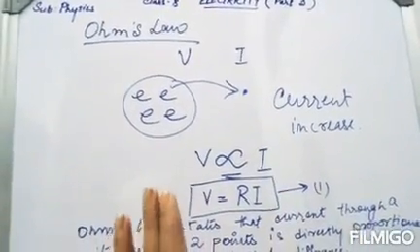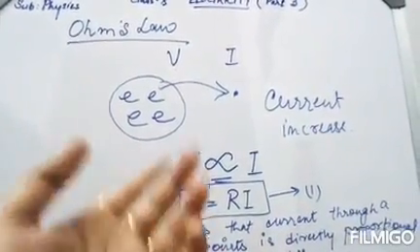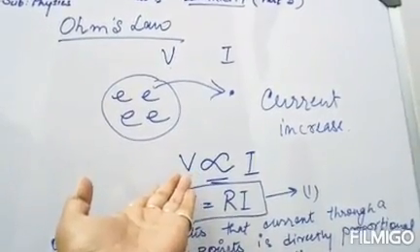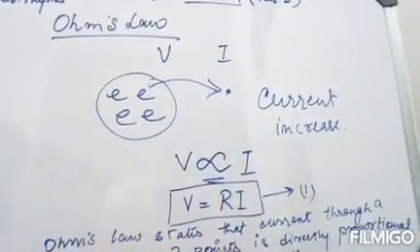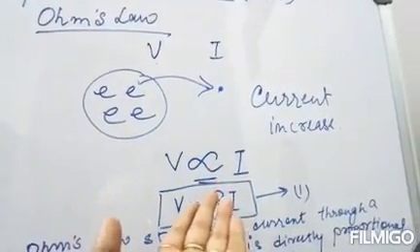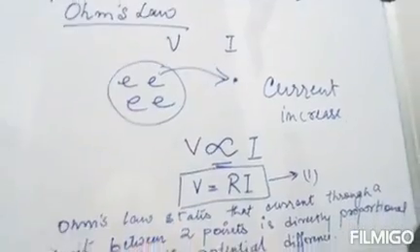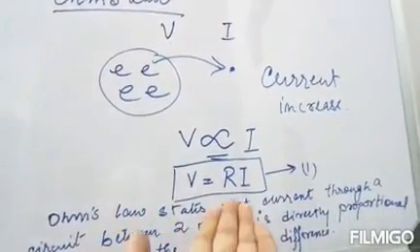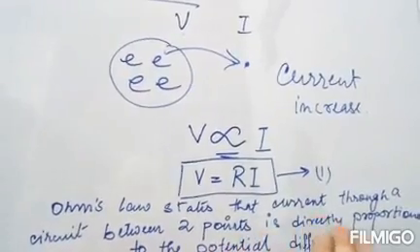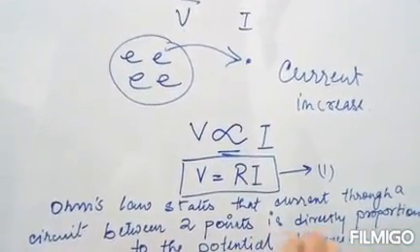We can express that mathematically: if I take potential difference as V and current as I, V is directly proportional to I. That is what is stated here: Ohm's law states that current through a circuit between 2 points is directly proportional to the potential difference.